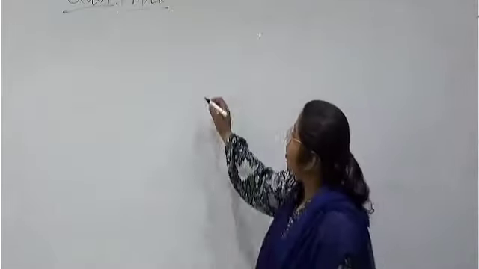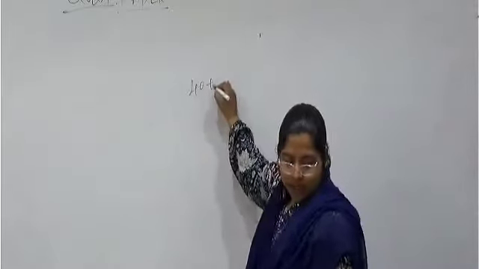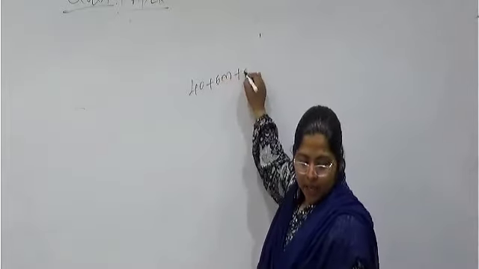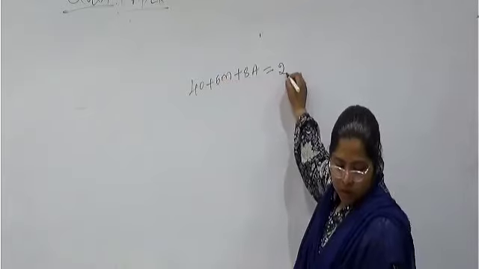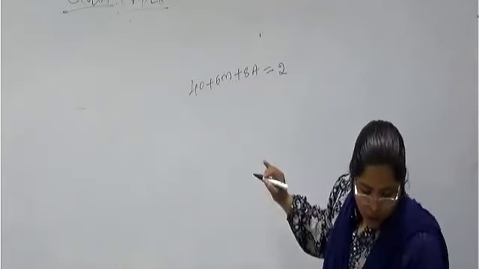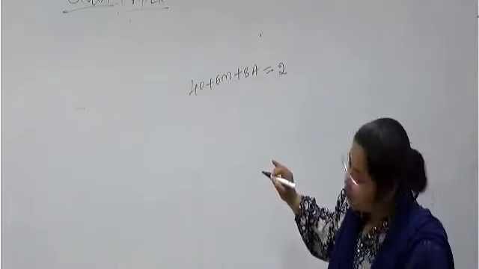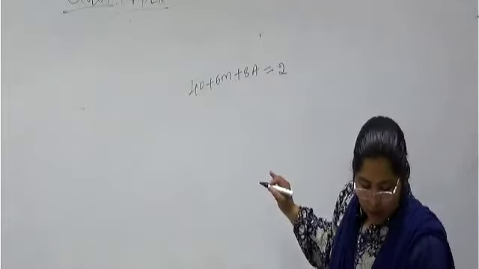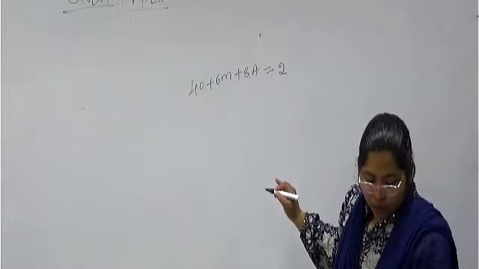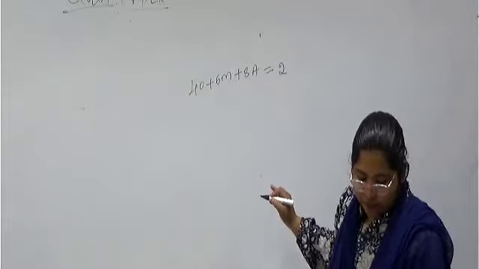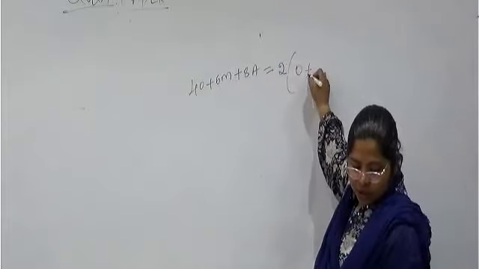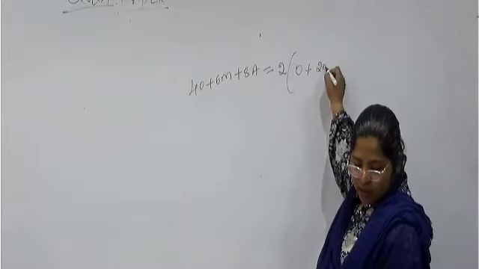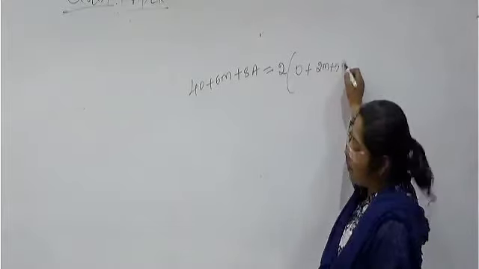The total cost of 4 oranges, 6 mangoes and 8 apples is equal to twice the cost of 1 orange plus 2 mangoes plus 5 apples.